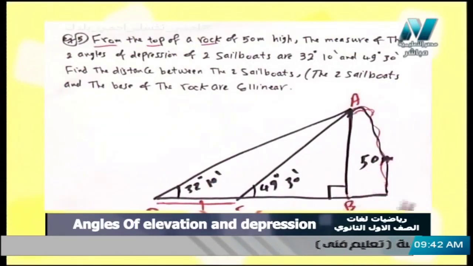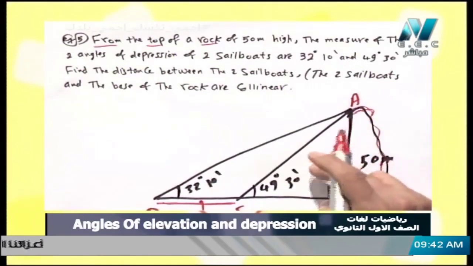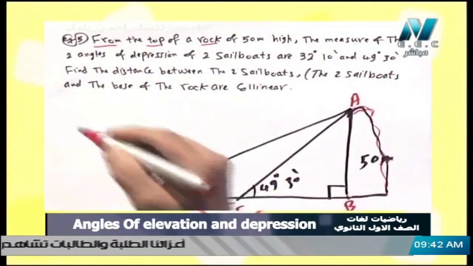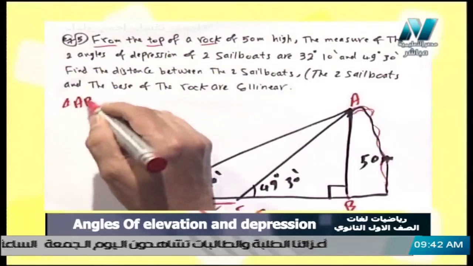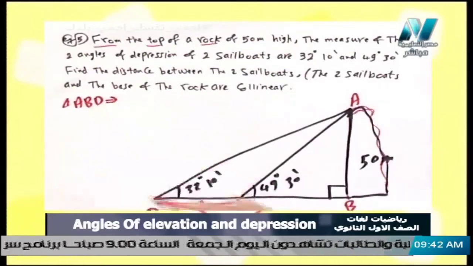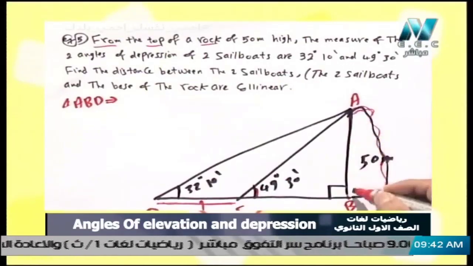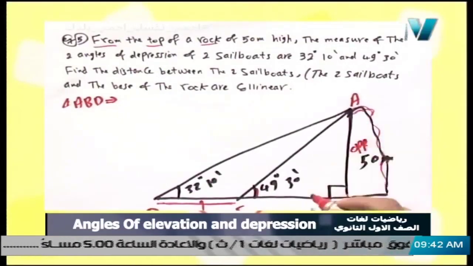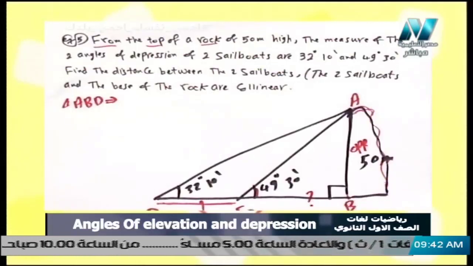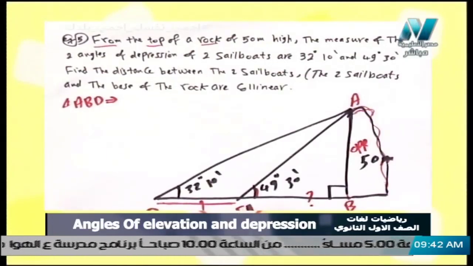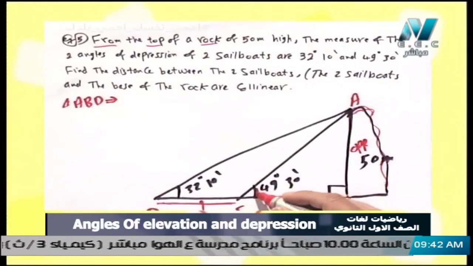Okay, first we will deal with triangle ABC. What about this angle? This angle here, and we have the opposite, and we would like to find the adjacent, which is CB. So we will calculate the tan.